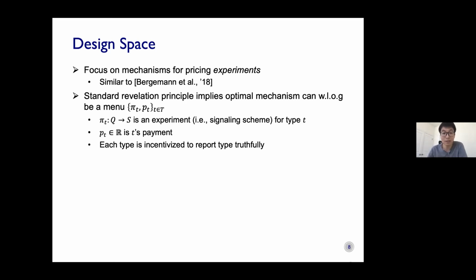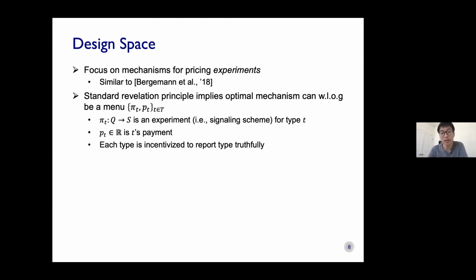Therefore, following the standard revelation principle type argument, it's very easy to see that you can, without loss of generality, restrict to a menu of (pi_t, p_t) for every buyer type t, where pi_t is an experiment for type t. It's literally the signaling scheme that maps the state space to a set of signals.